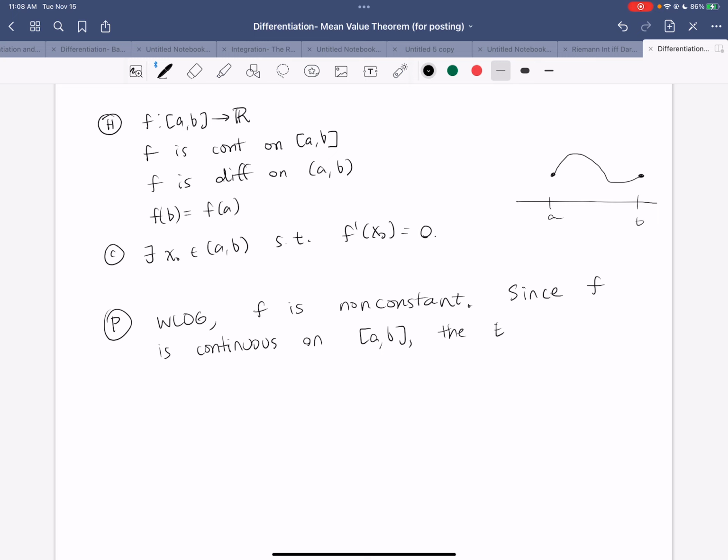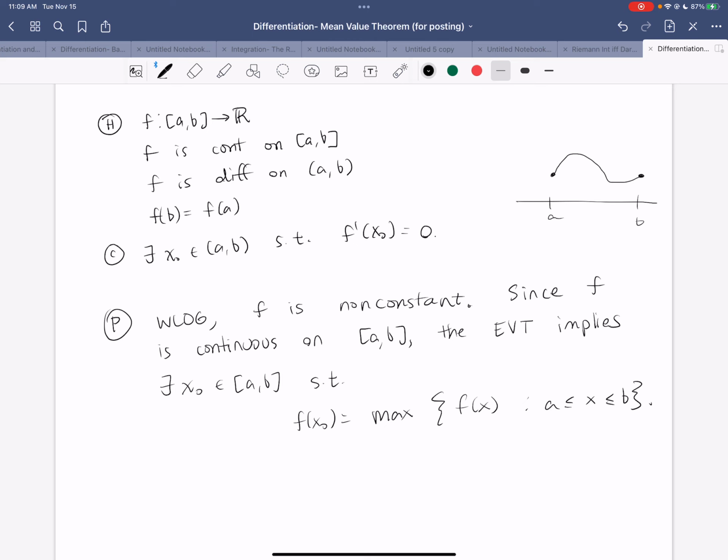Okay, so the next thing we're going to do is, since f is continuous on [a,b], the extreme value theorem implies there exists x0 in [a,b] such that f of x0 is equal to the max of the set of f of x such that x is in between a and b.